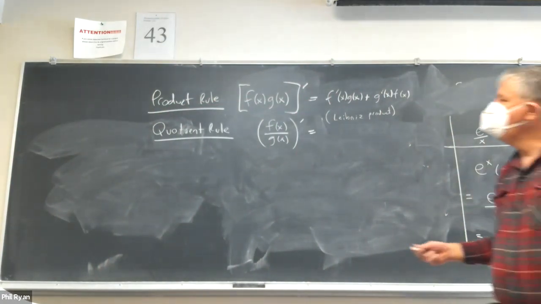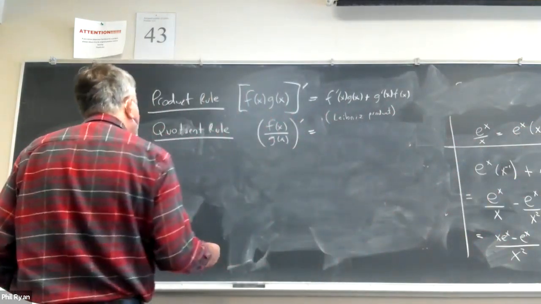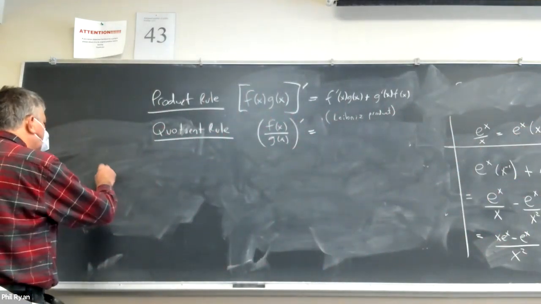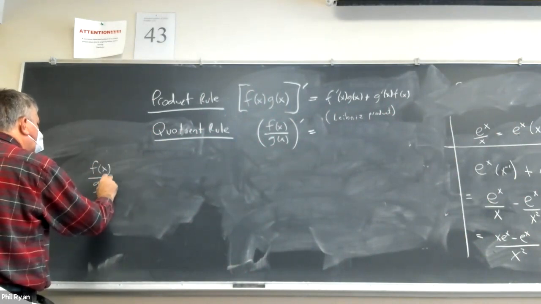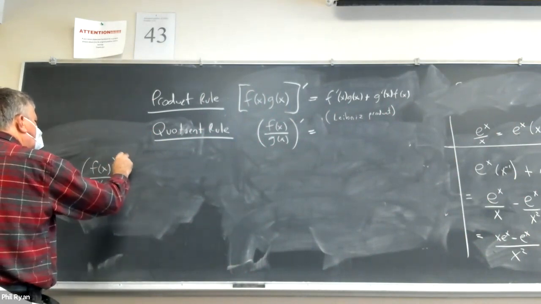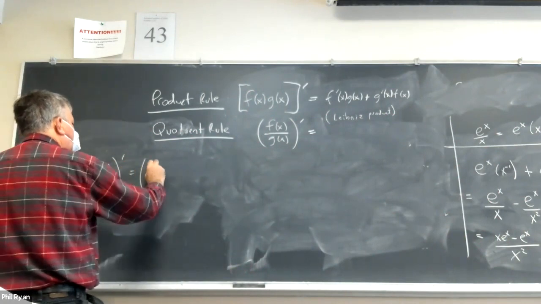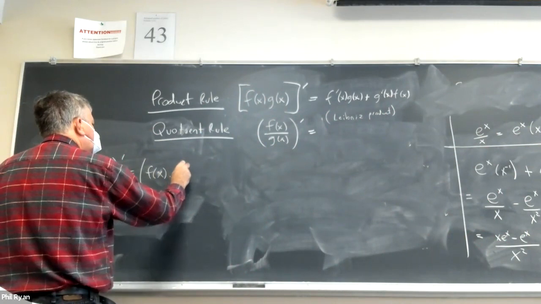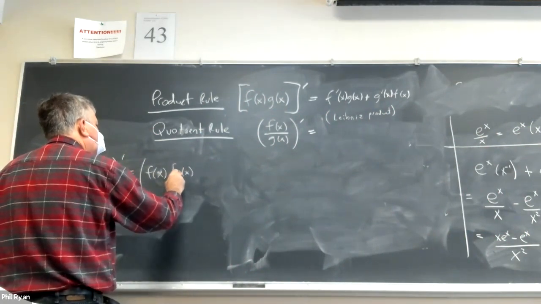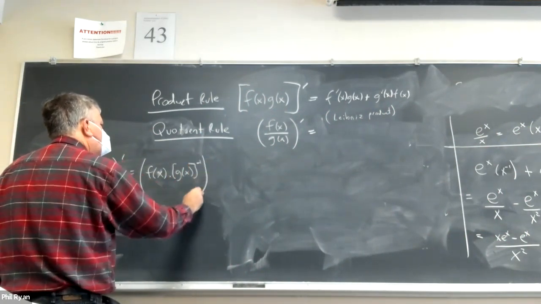So in fact, the way that we prove it is by using the product rule, right? Because f of x over g of x is the same thing as f of x times g of x to the minus 1.